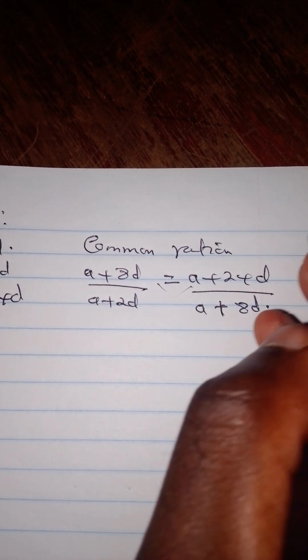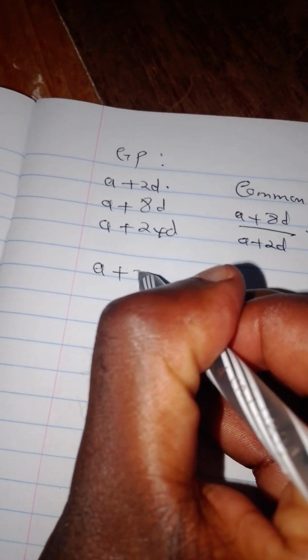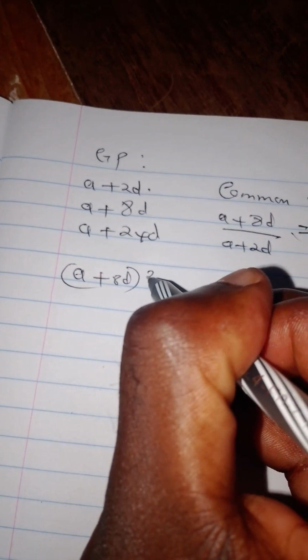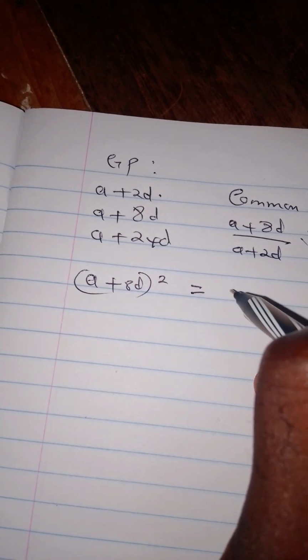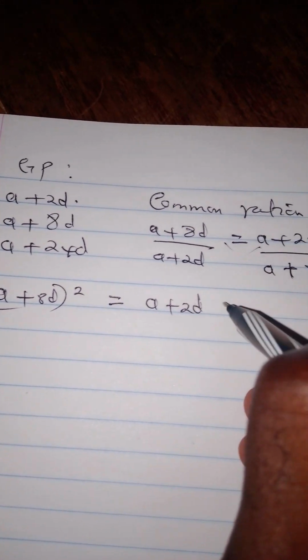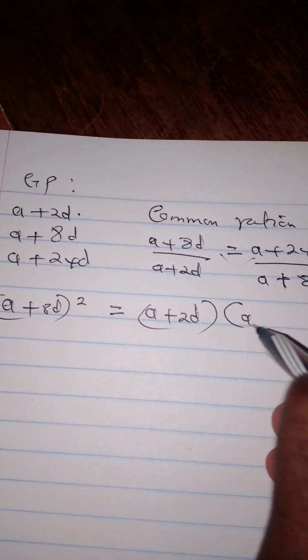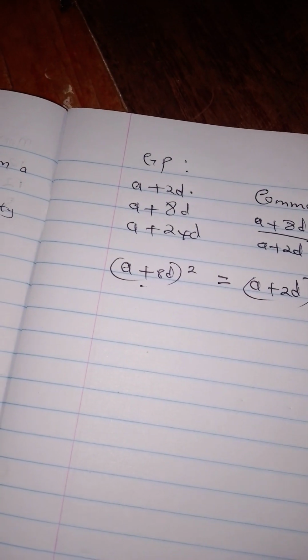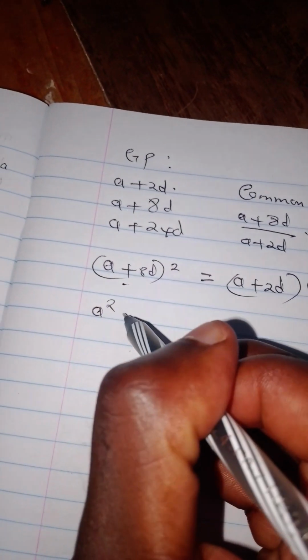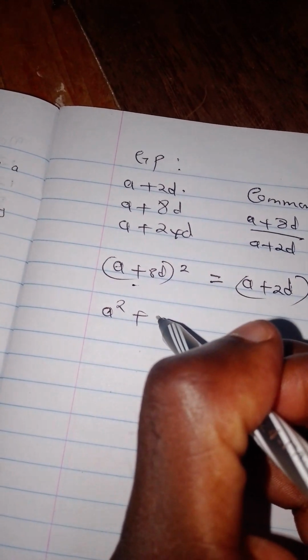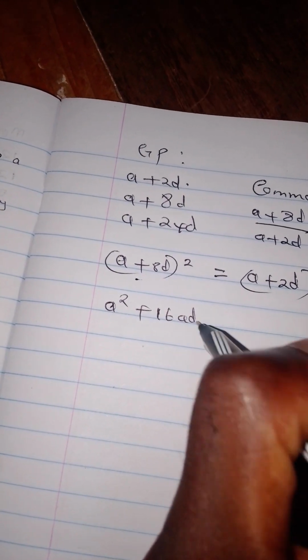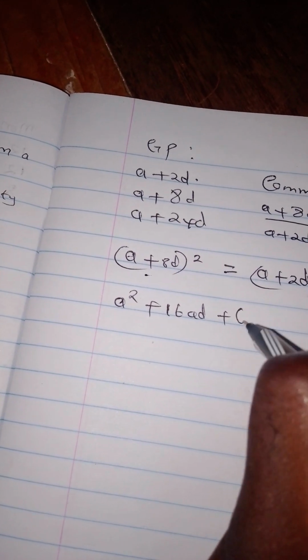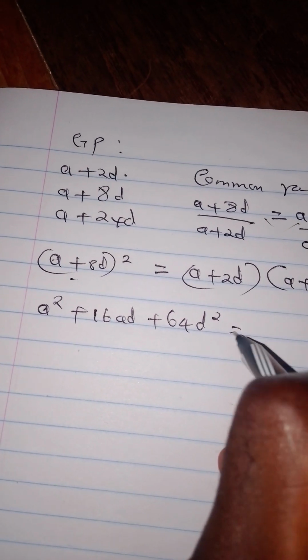Then you cross multiply. A plus 8D squared is equivalent to A plus 2D multiplied by A plus 24D. A plus 8D squared is equivalent to A squared plus 16AD plus 64D squared.